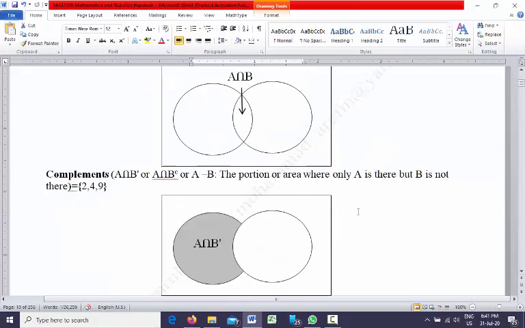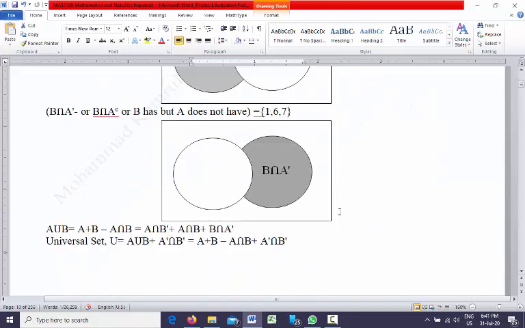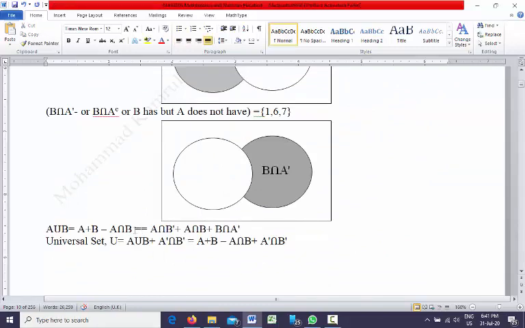Right. In short, we may write it A plus B minus AB. So A intersection B, we can just write it like AB.